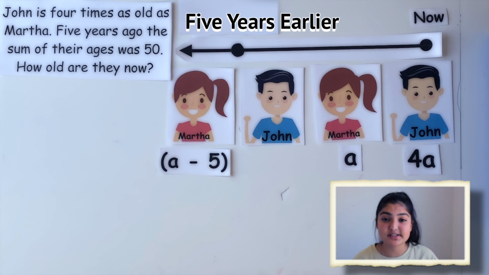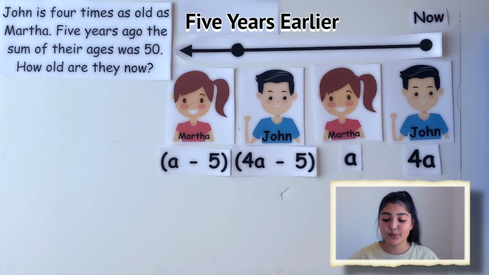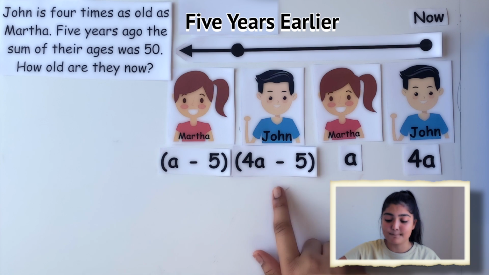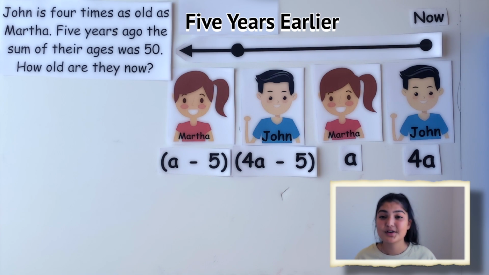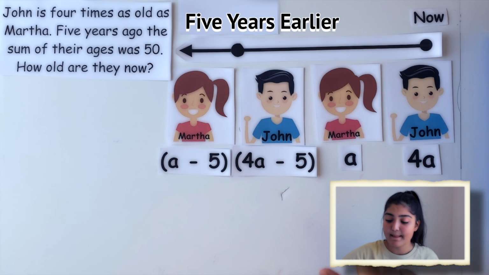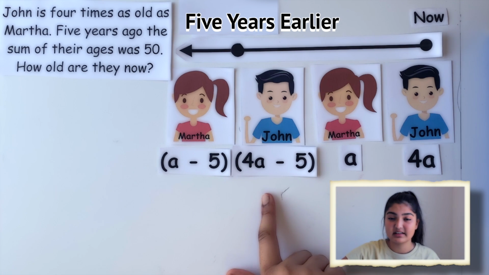So 5 years ago, his age would be 4A minus 5. Great. So now we know Martha and John's ages now and their ages 5 years earlier.